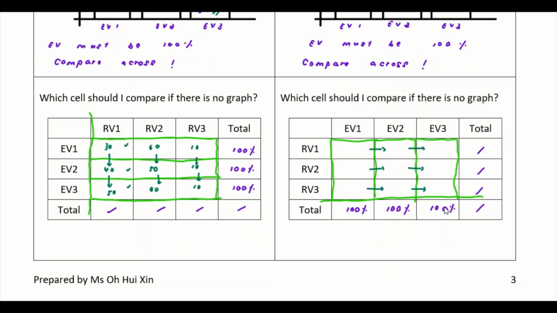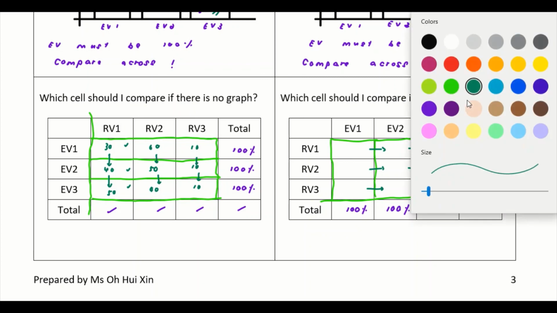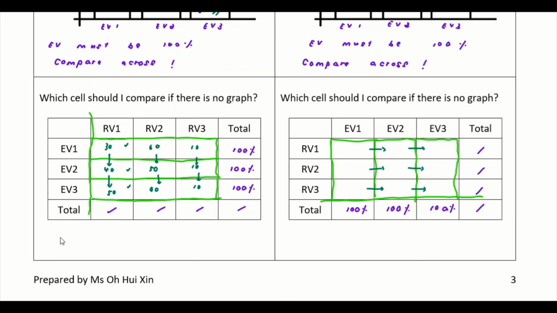So basically, this is like the whole thing that how you should use it. So the idea is the same thing for this one. So what you can try to do is you imagine the stack and also compare across. Okay, so that's the idea when we try to put everything together.